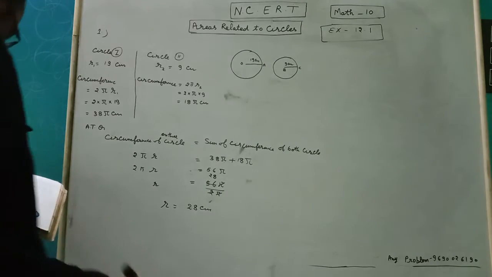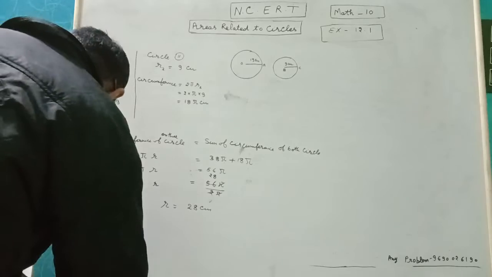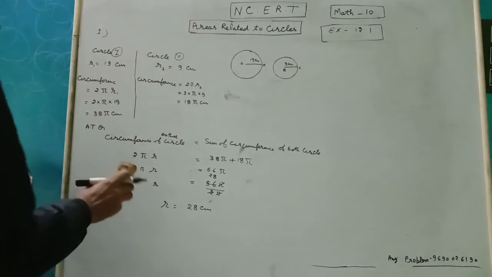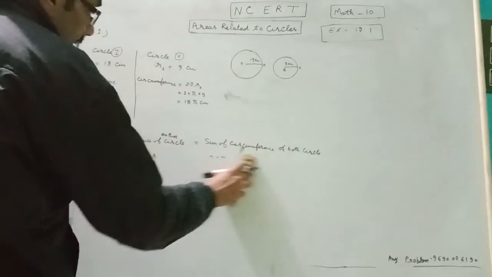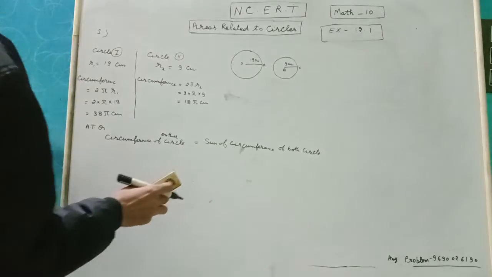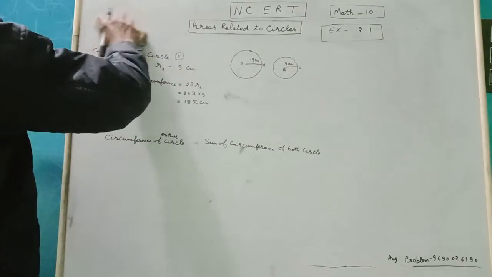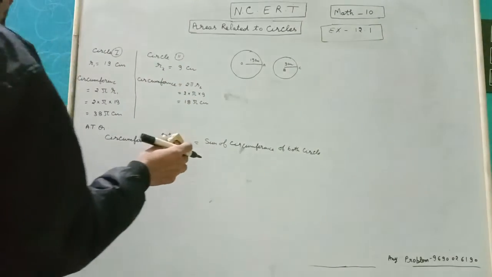Question number 1 is complete. Question number 2 is: two circles are given.